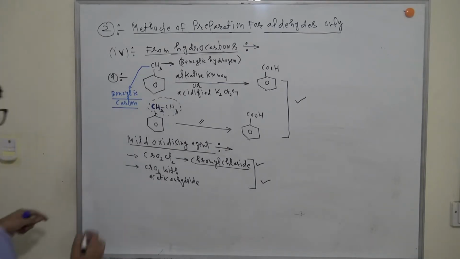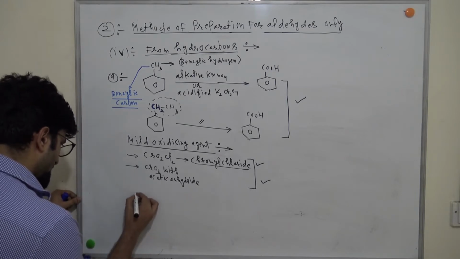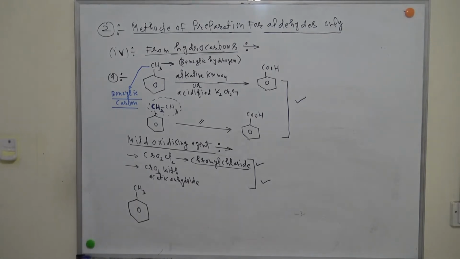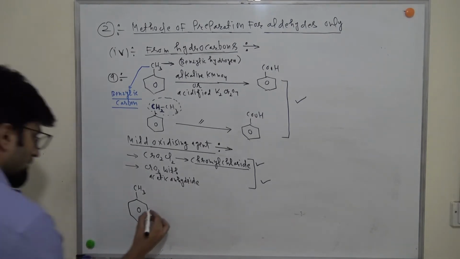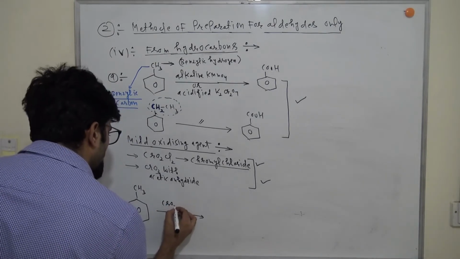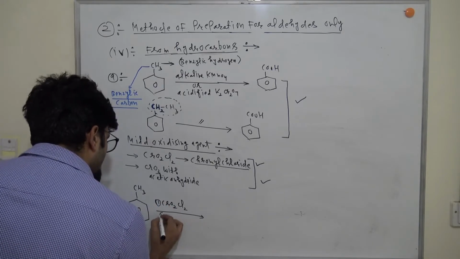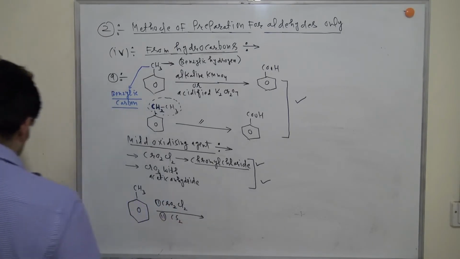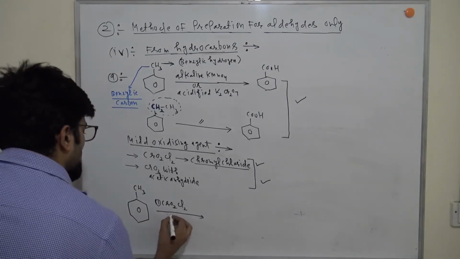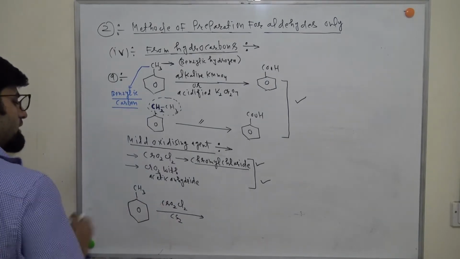Suppose we have toluene, and I am doing its reaction with CrO2Cl2, chromyl chloride, in the first step, and the medium is non-polar, like CS2, carbon disulfide.